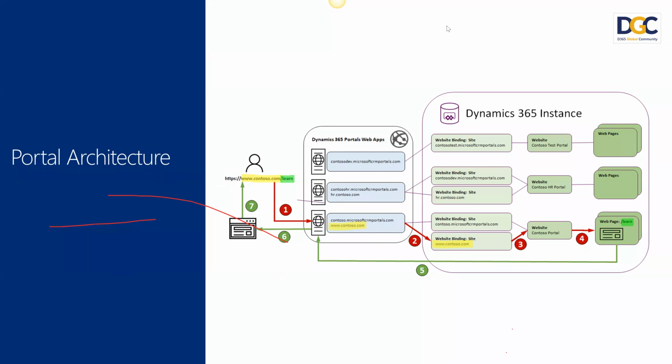Now there is an option in the portal where you can define your custom domain. For example, if you see this diagram, let's say the URL is www.unilink.com. That is our custom domain.